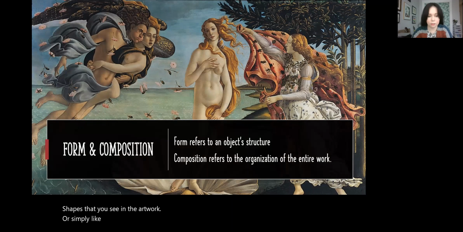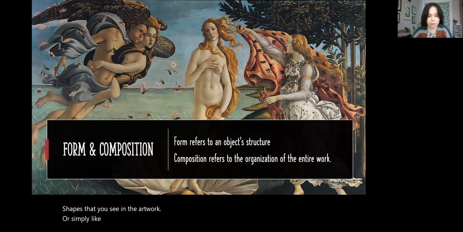So what type of form? Have some adjectives at the ready. When it's a human figure, is it muscular? Is it slender? Are they large? Are they small? You're describing the body, describing the form. Now with more abstract work, then we're really actually talking about shapes, triangles, squares, circles.